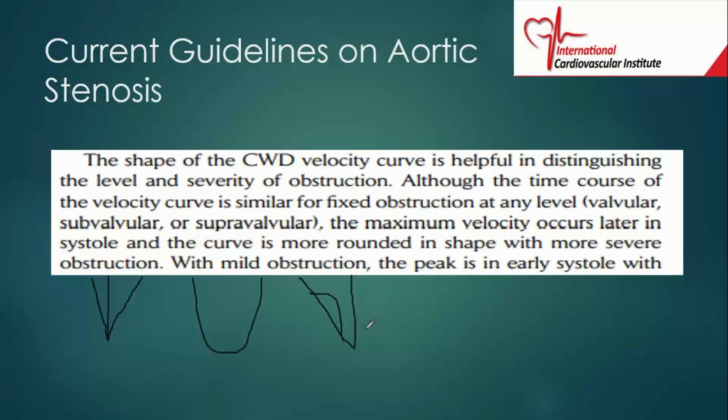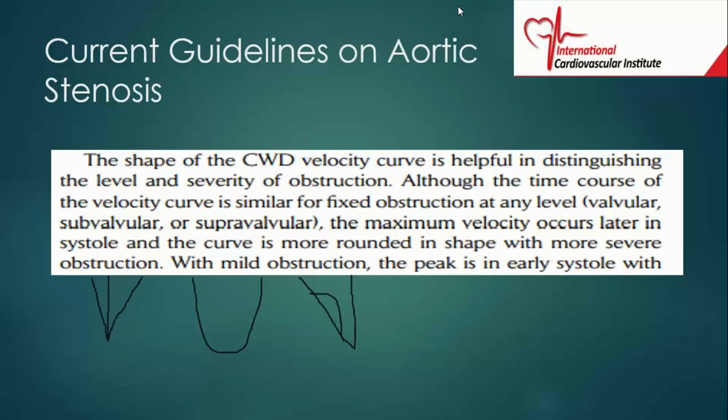If you see something looking like this, this is usually an aortic valvular obstruction. Just looking at the shape of the curve, this looks like an aortic valvular obstruction. Something looking like this with a late peak, you can see that this peak occurs late. The time is on the horizontal axis, so this peak occurs late, and especially if it is concave upwards, then this suggests some subvalvular obstruction.